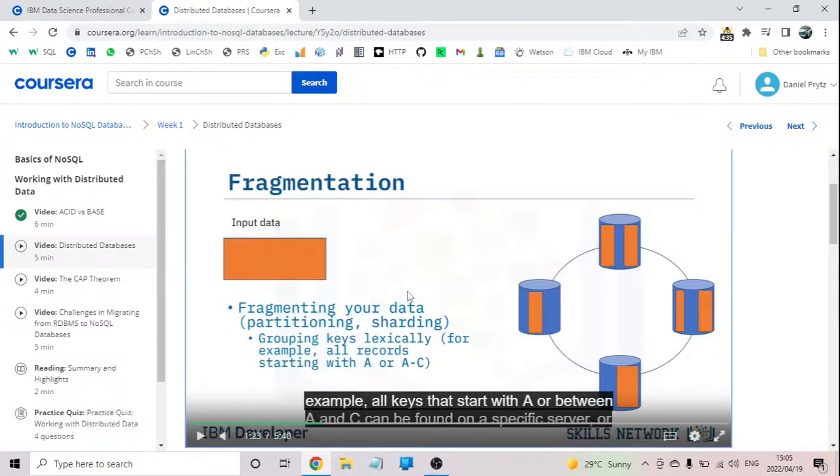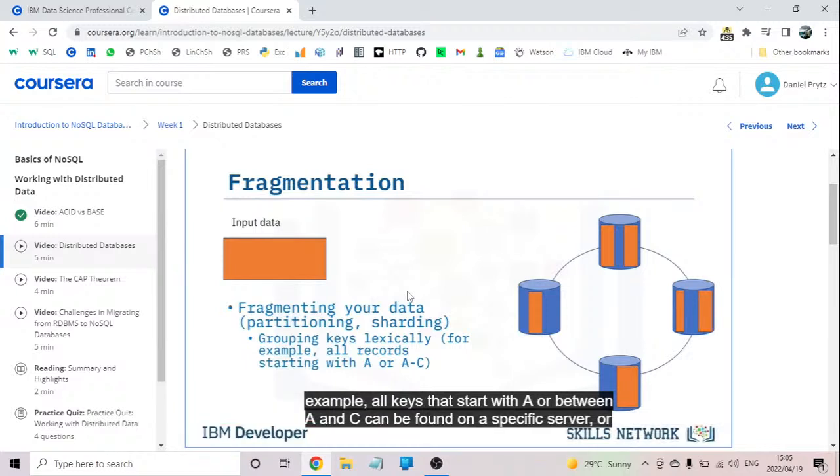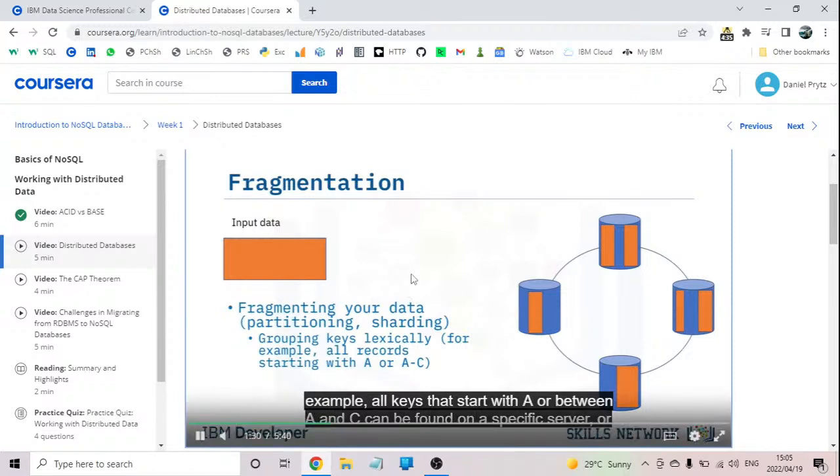Lexically means in order of the alphabet. Records between A and C can be found on a specific server, or by grouping all records that have the same key and placing them on the same server.